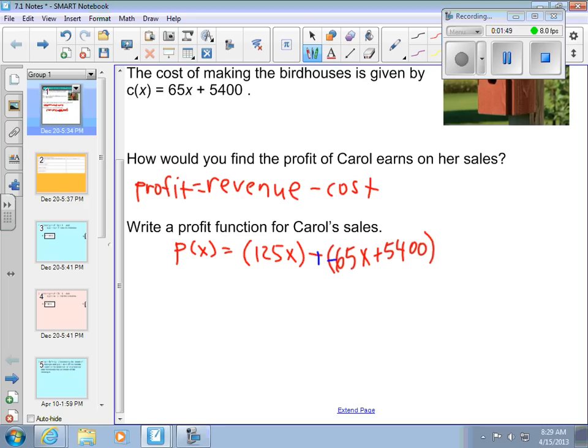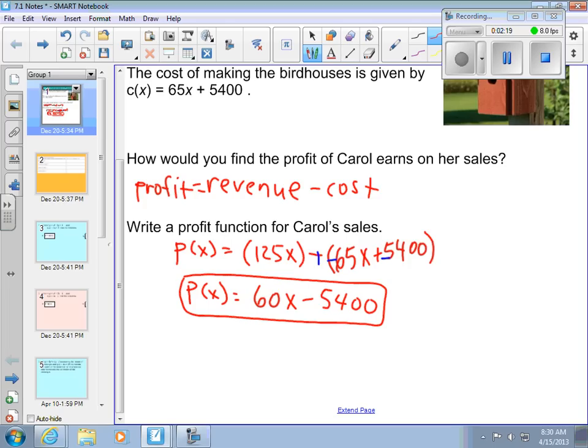So if we change the sign on that second function, this profit function would simplify to, adding like terms here, 125x plus negative 65x would leave us with 60x. And then we have plus negative 5,400, which would be minus 5,400. Now we have our profit equation.